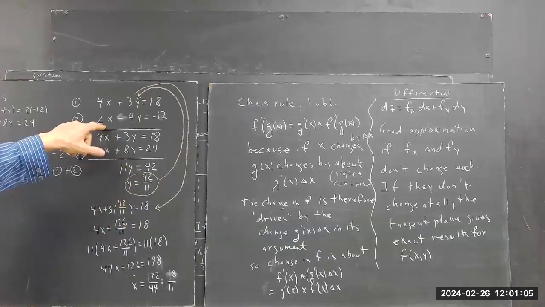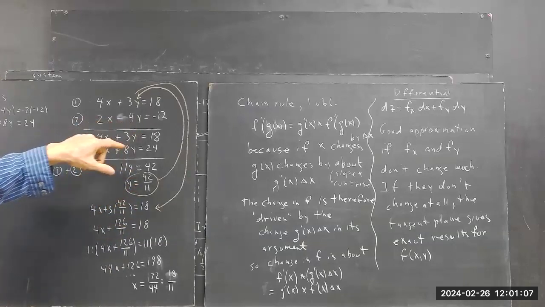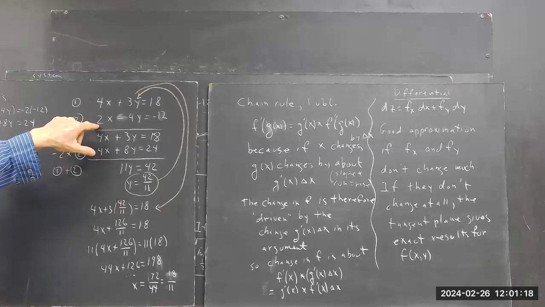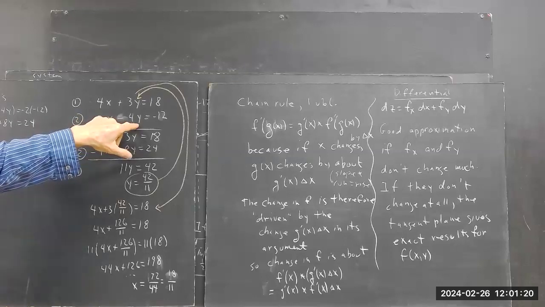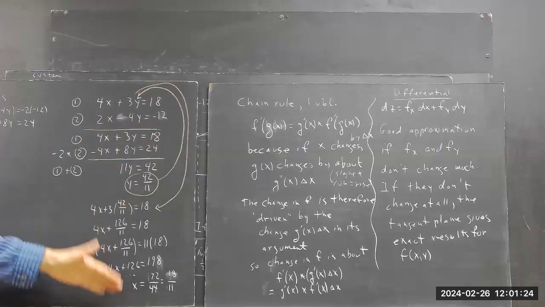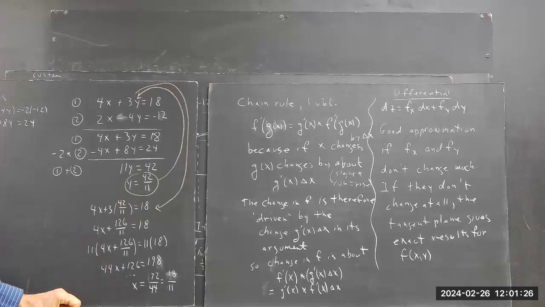And then for the other equation, x is 2 and y is 4, we get 4 minus 16, which is negative 12. So these numbers are pretty close.